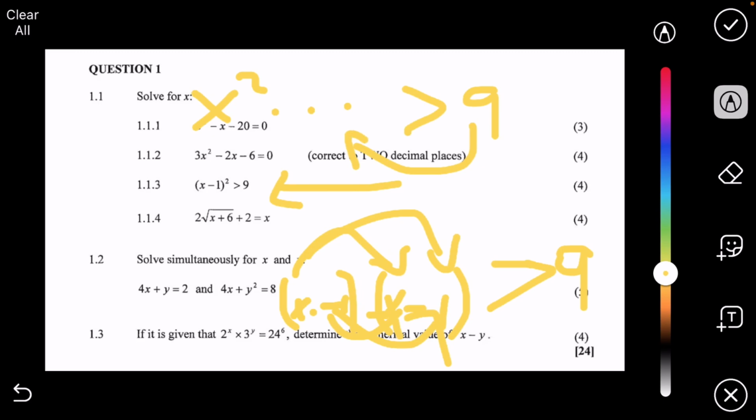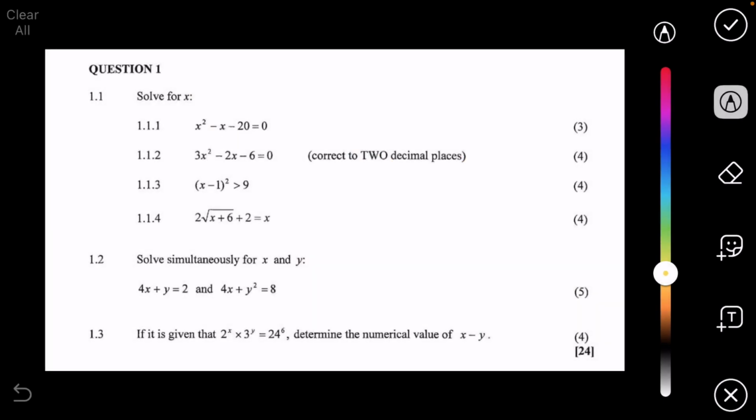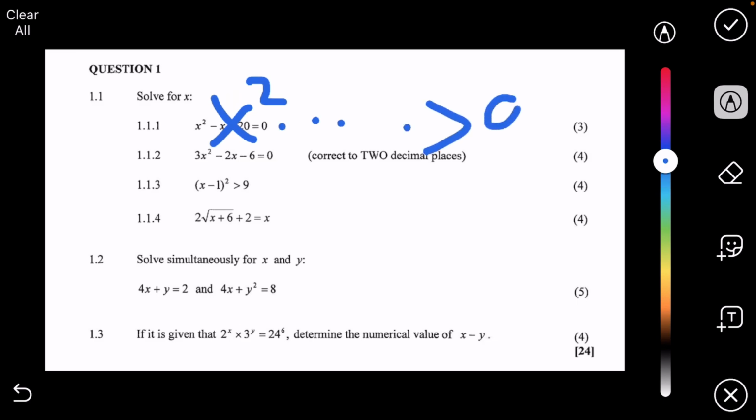Remember, it changes sign. Very, very much important, ladies and gentlemen. You work it out. After you've worked it out, you're going to have x squared something greater than 0, ladies and gentlemen. Why is it greater than 0?